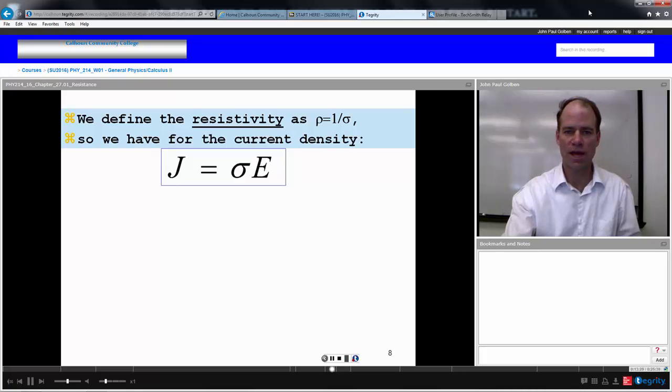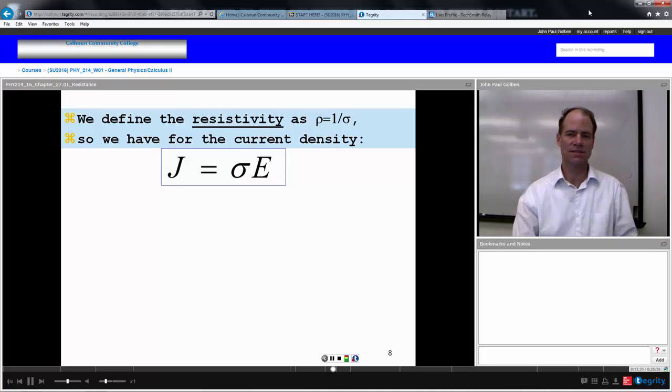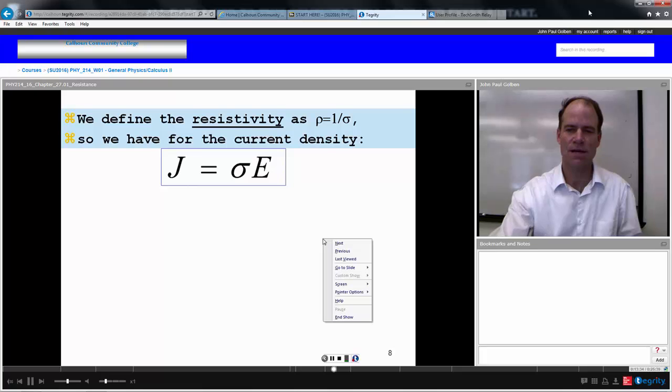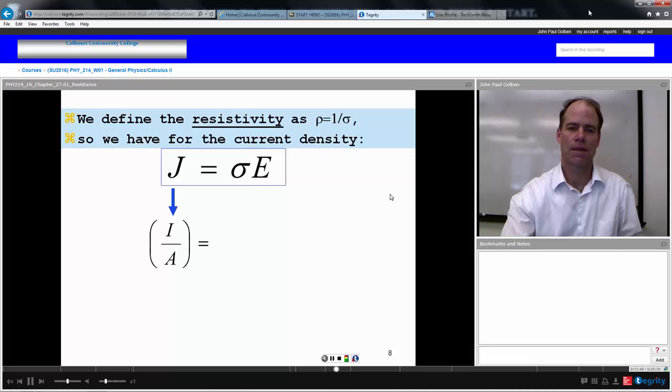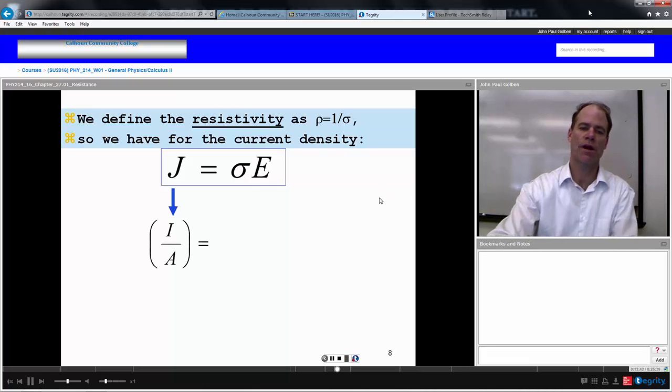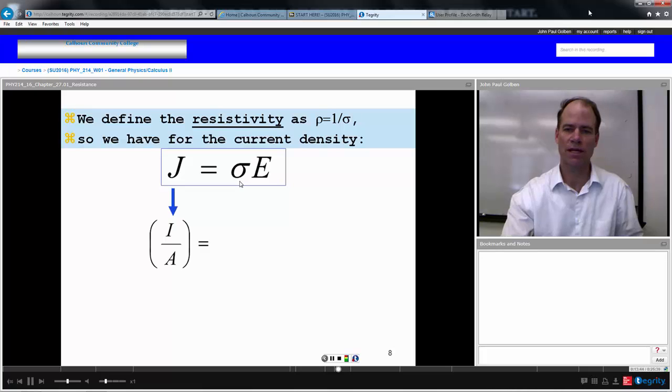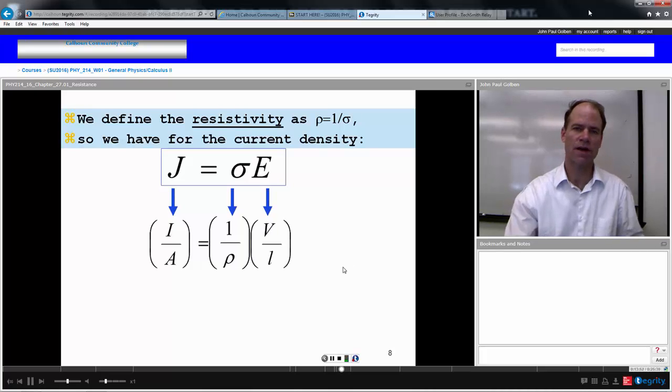Since the current density equals the conductivity times the E field, we replace the current density with current per area, I per area, replace the conductivity sigma with 1 over the resistivity rho, and replace the E field with the voltage divided by the length of the wire. For a constant E field that would be true.